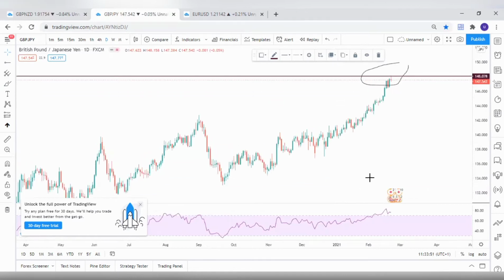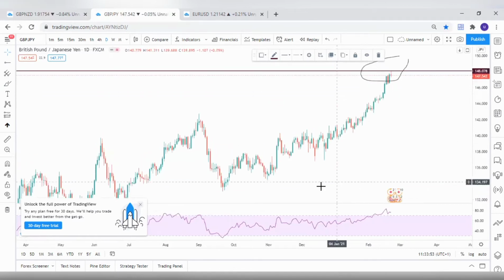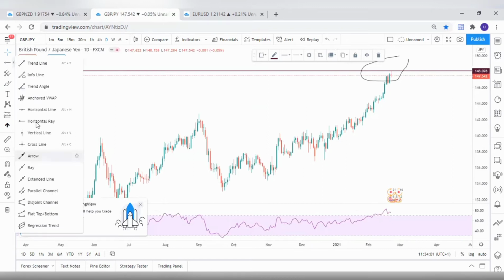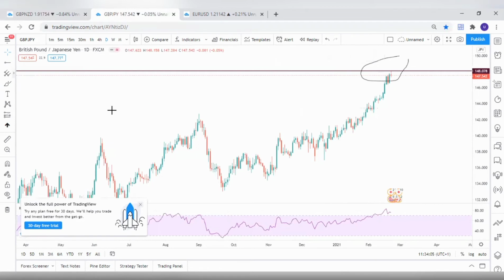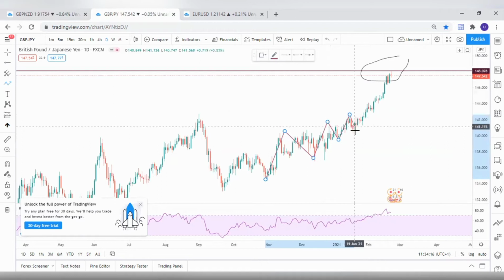Here is the daily time frame, and as you can see on this daily time frame, price has been doing a higher high and higher low to the upside. Look at it, a higher high, higher low, higher high here, higher low, like this, higher high, higher low.